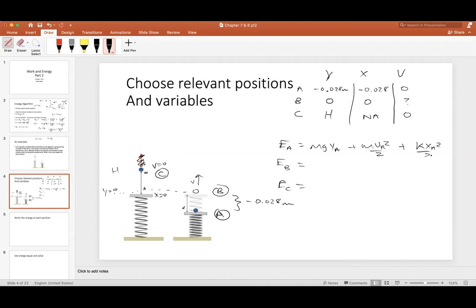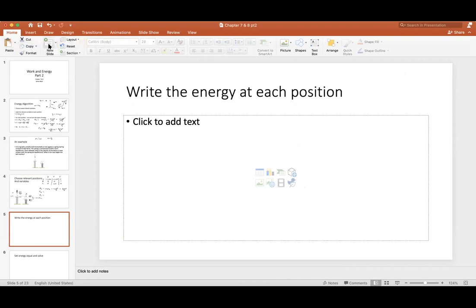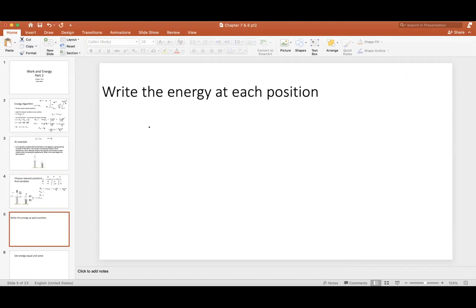KXA squared over 2. And before I write all these, I'm going to go to here and do it because I put these slides here for a reason. So EA, EB, and EC. All right. So we know this is MGYA.